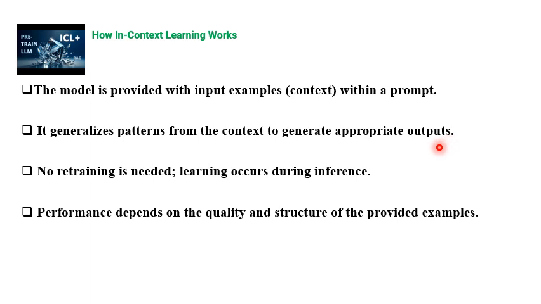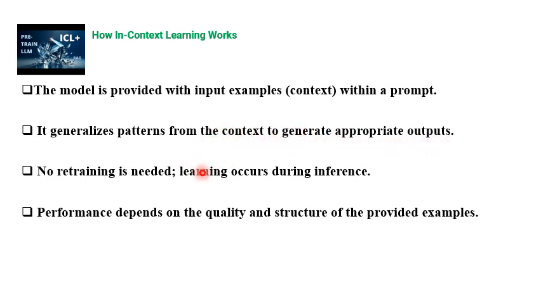So again, to summarize the key idea: as we write our prompt, we provide some examples, and then the large language model generalizes the pattern from these input examples to generate appropriate output.